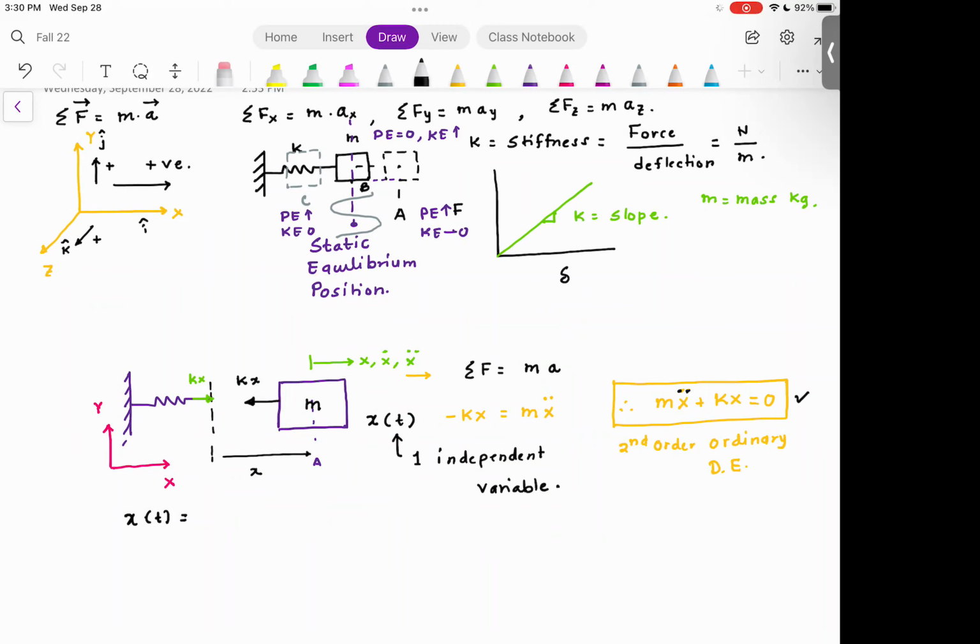That is the meaning of the solution of the differential equation. So we are trying to find this function x as a function of time, wherein if I take the second derivative of this function, substitute in that expression, and substitute the value of x, the left hand side will be equal to the right hand side. Everyone understood this?